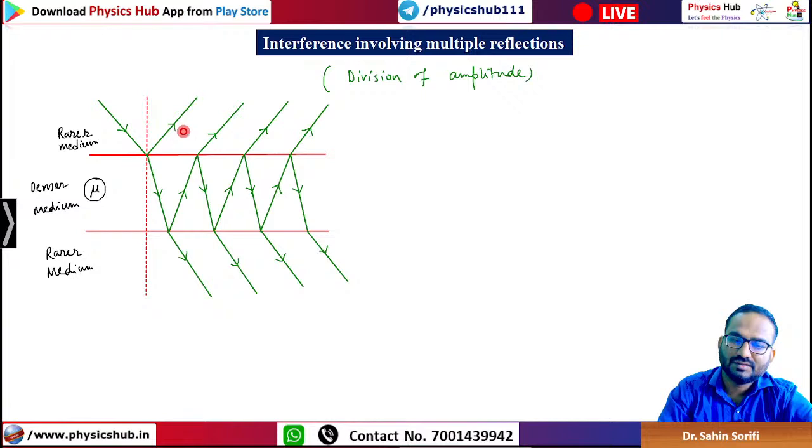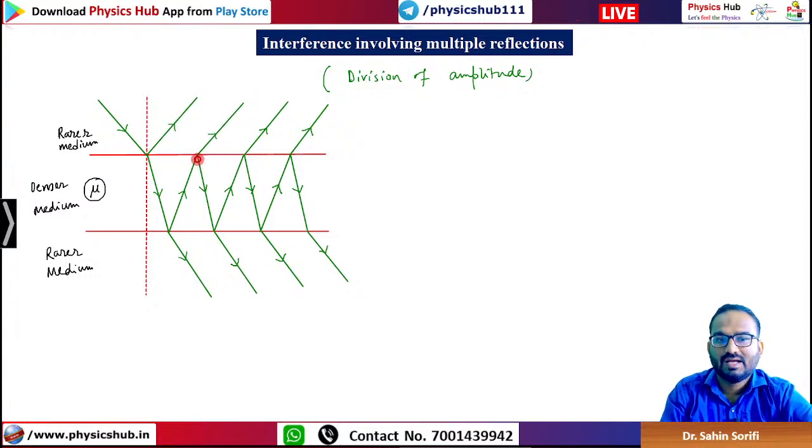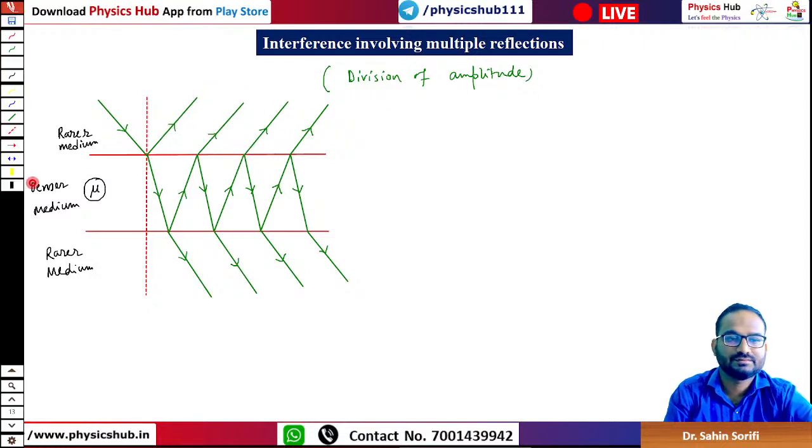So if you consider the intensity of this light ray and this light ray, reflected ray 1 and reflected ray 2, there will be a huge difference. And obviously, as it has undergone multiple reflections, its intensity will drastically reduce. So you can imagine it is 100, it is 10, this is 5, and so on.